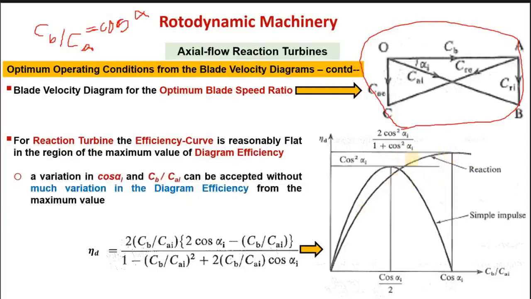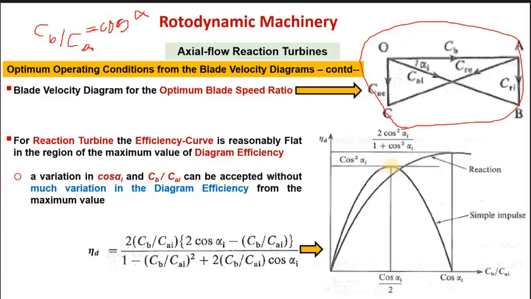Another thing you can notice from this graph is that a variation in this CB over CAI can be accepted without much variation in the diagram efficiency. It means for a larger range of CB over CAI, the maximum efficiency remains near to 1, because here the curve is kind of flattened at the maximum point compared to impulse turbine.